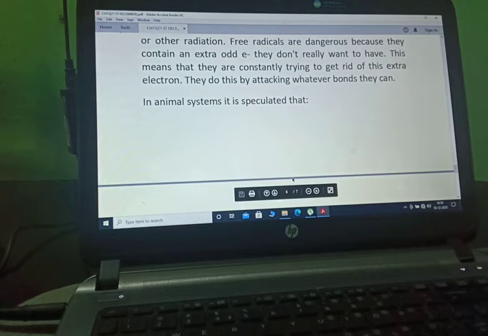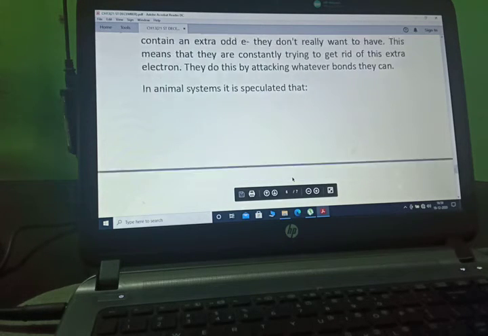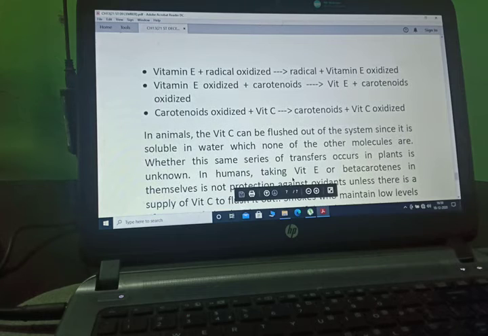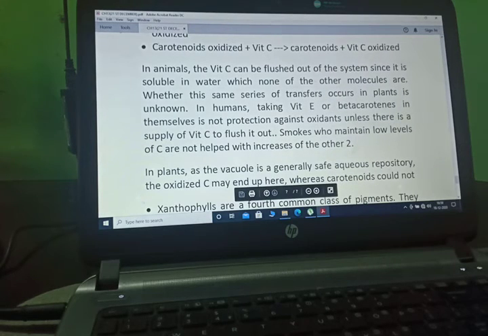In an animal system, it is speculated that the radical oxidizes vitamin E, that is radical plus vitamin E oxidized; then vitamin E oxidized plus carotenoids gives carotenoids oxidized; then carotenoids oxidized plus vitamin C gives vitamin C oxidized. In animals, vitamin C can be flushed out of the system since it is soluble in water, which none of the other molecules are.